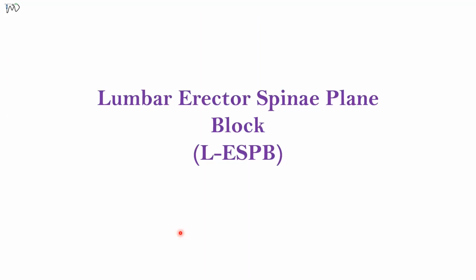Coming to the last part of my lecture, that is the low thoracic or lumbar erector spinae plane block. This is the latest addition in the abdominal wall blocks, particularly in spine surgeries, renal surgeries, as well as various abdominal surgeries.